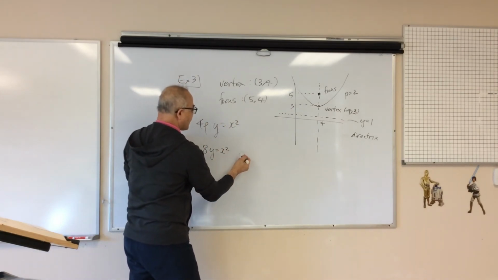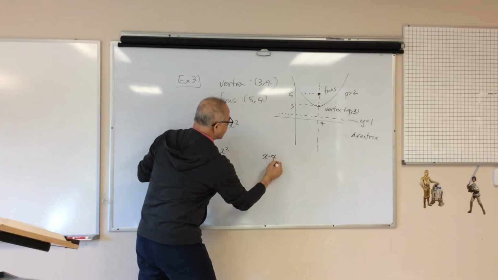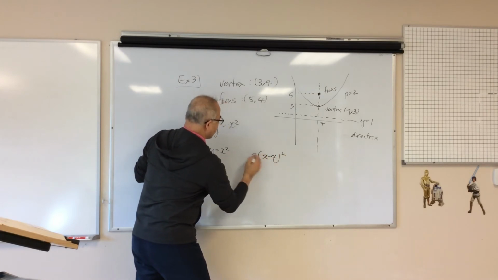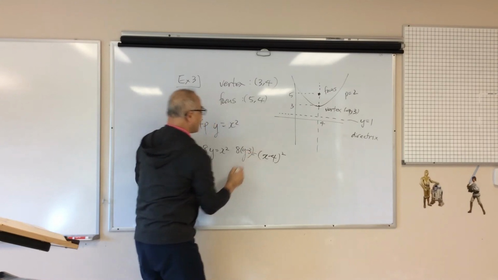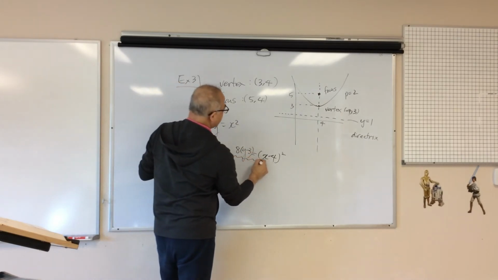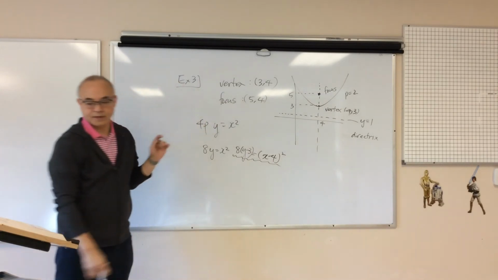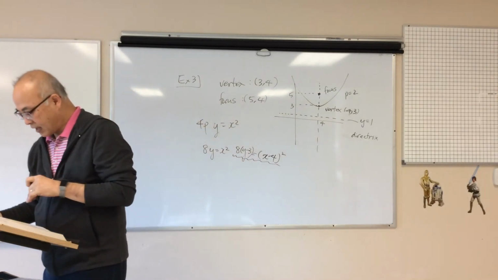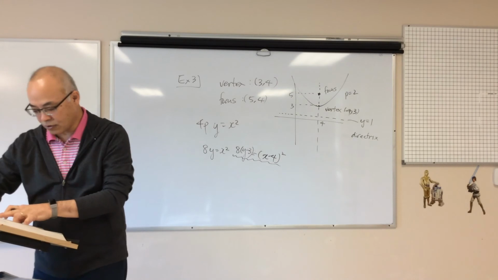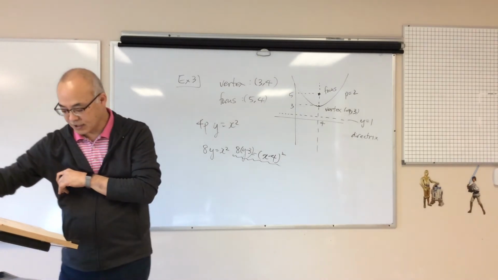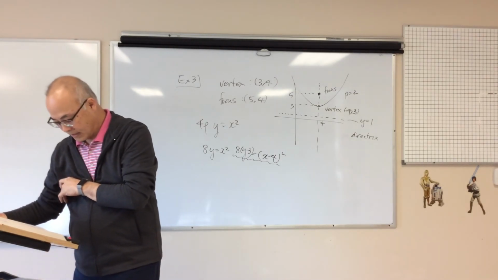So 4 to the right, which means that it's going to look like that, and 3 up. So this here would be your answer. Where am I at? Okay, so yeah, looks good.